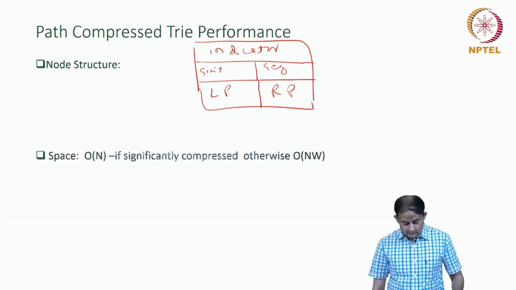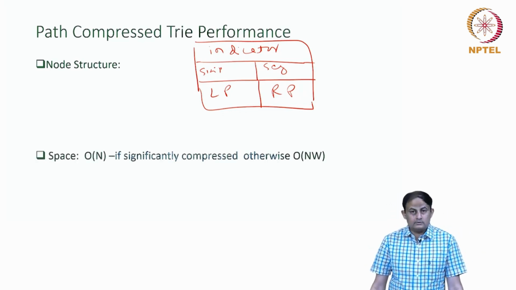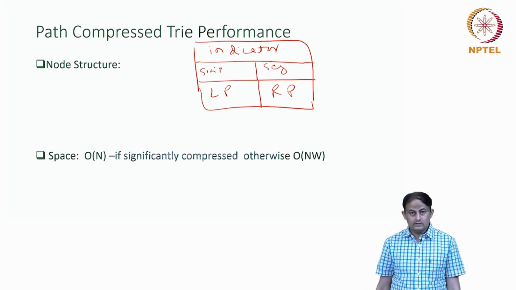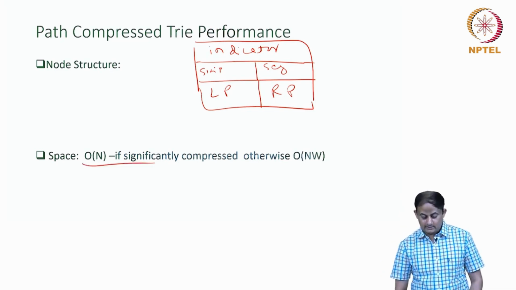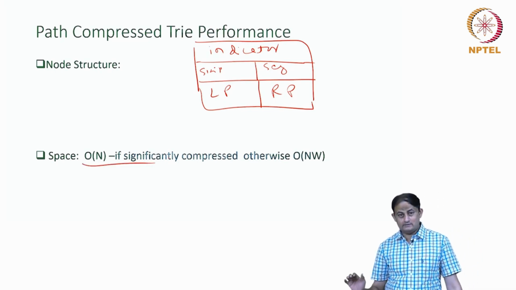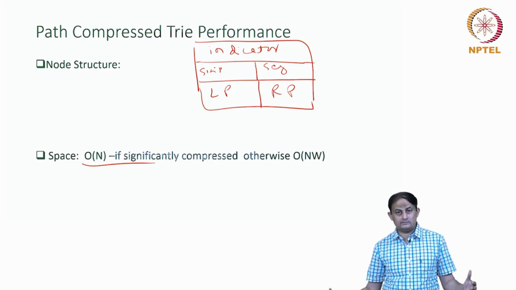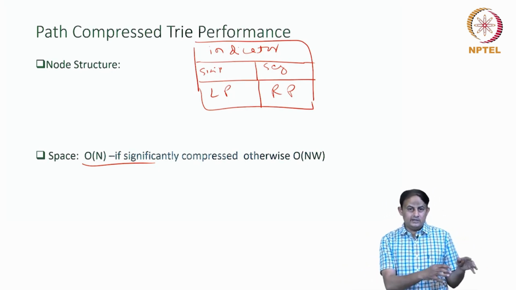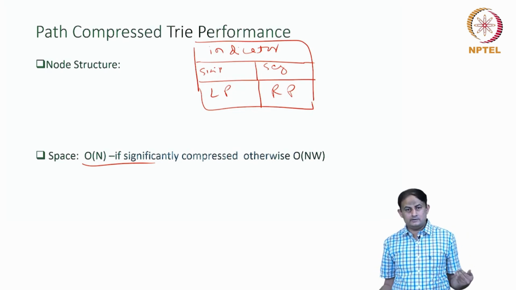Now asymptotically, how much space does it require? Order of n, where n is the number of prefixes you have, only that many nodes, provided you are able to reduce the height of the trie significantly. Meaning you would otherwise have many intermediate nodes with a single child.